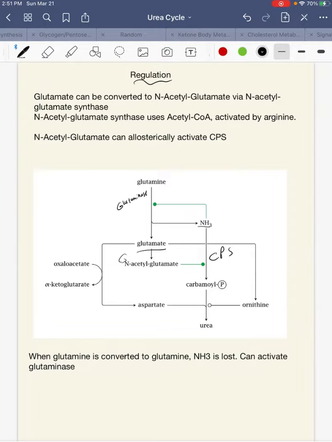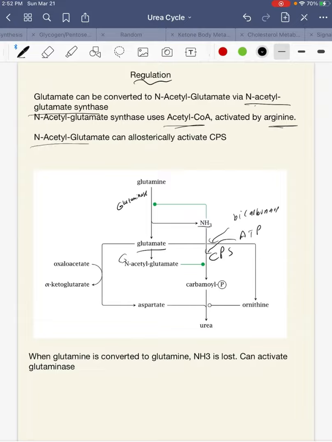So remember, CPS takes ammonia, takes bicarbonate, and it also takes ATP, and then we make carbamyl phosphate using all of that. So from glutamate to N-acetylglutamate, we use an enzyme called N-acetylglutamate synthase. This enzyme uses acetyl-CoA, and it's also activated by arginine.